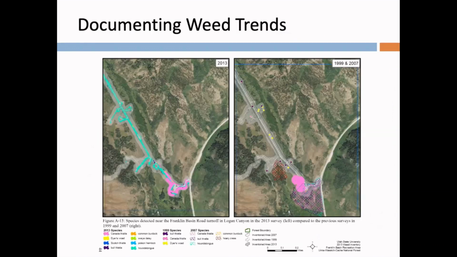However, when we analyzed data from repeated inventories conducted on the Uinta-Wasatch Cache National Forest, we found that some of the large changes in total infested acres between the two surveys most likely had more to do with the size of polygons used to illustrate those infestations than it did with actual changes in weed populations on the ground.